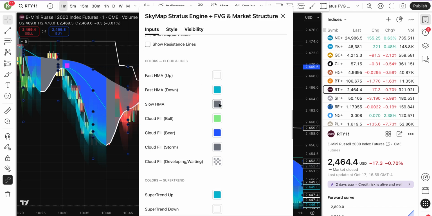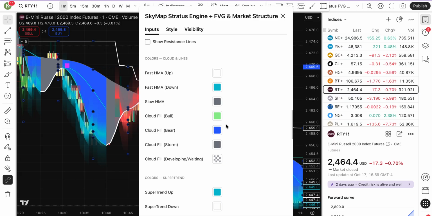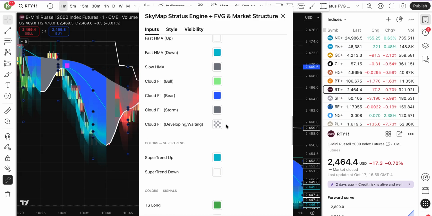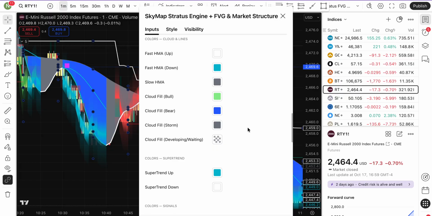These are your color settings. So if you do not want to have a dark themed chart like me, then obviously you want to change all of these light colored things, the whites and the grays maybe, to different colors that are going to pop on your chart a little bit better. So that's fully customizable.